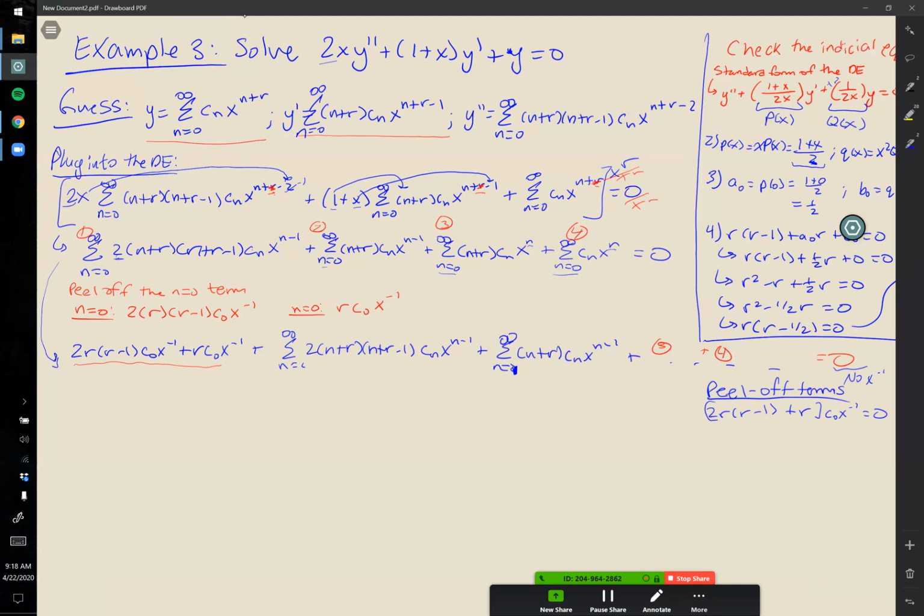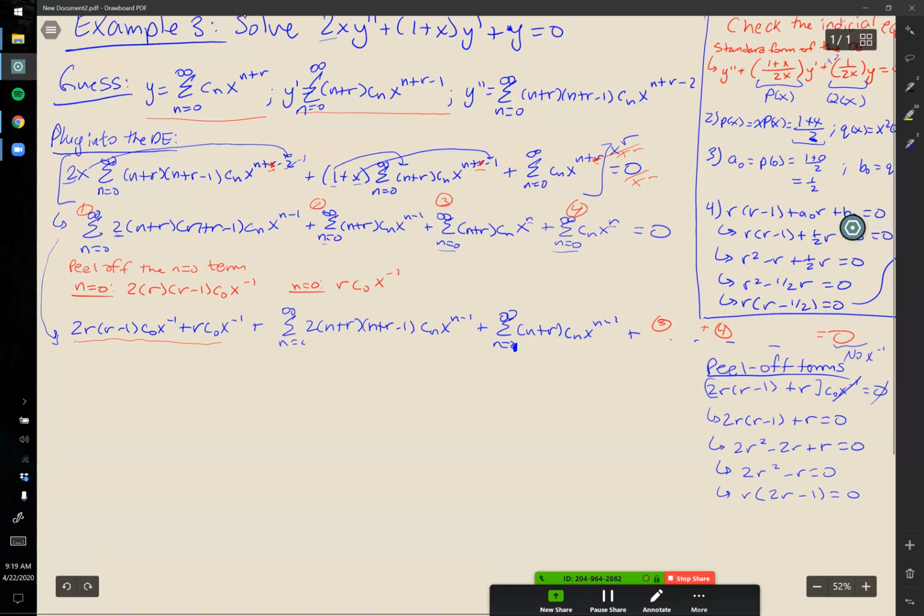So I can just set it equal to 0 because there's no x to the negative 1 term. And so what I really have is just 2r times r minus 1 plus r has to equal 0. If we do it all out, we get 2r squared minus 2r plus r equaling 0, and you get 2r squared minus r equaling 0, and you get r times 2r minus 1 equaling 0.